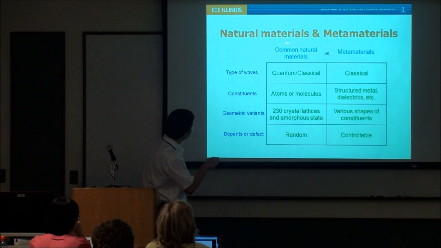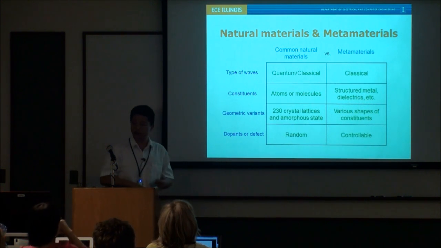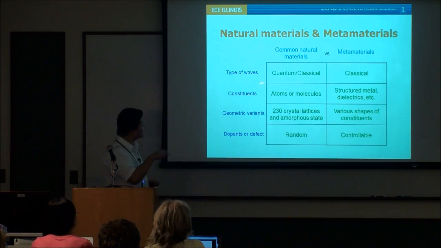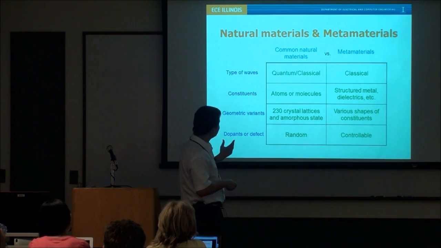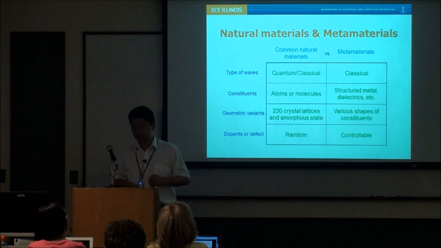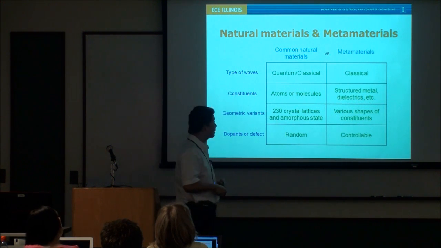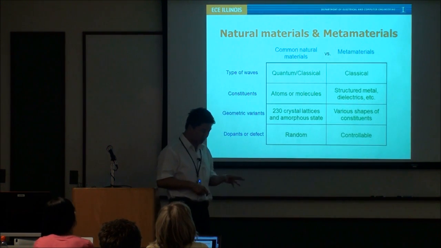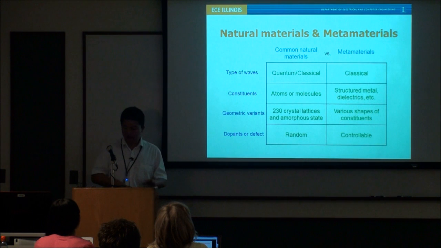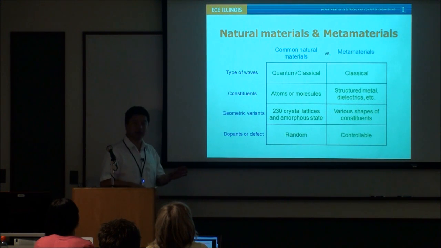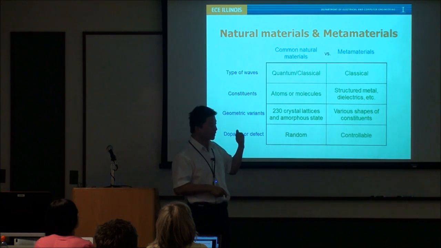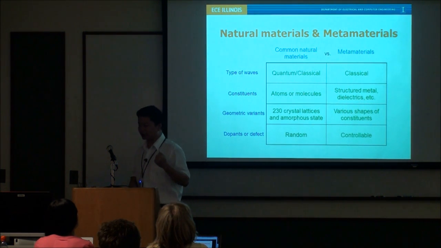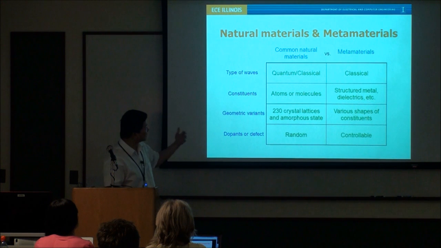If we compare natural materials with metamaterials, for metamaterials we only need to use classical waves to describe the physics. That's a very good thing because you don't have to deal with Schrodinger equations at all. You can just rely on classical EM theory to study metamaterials.